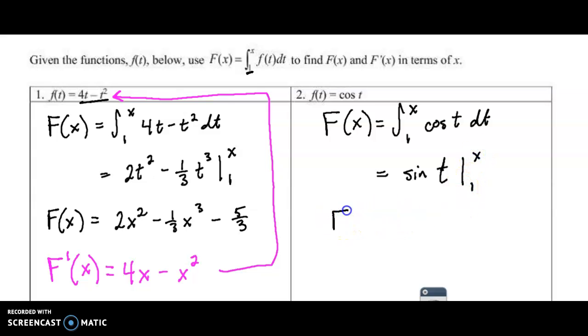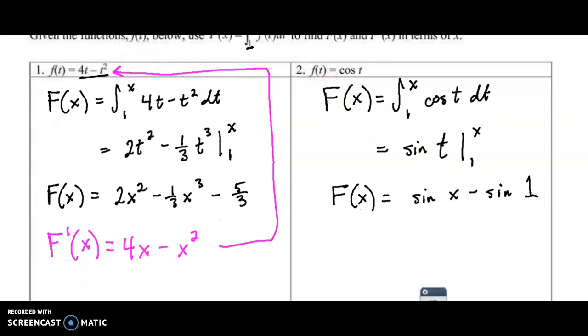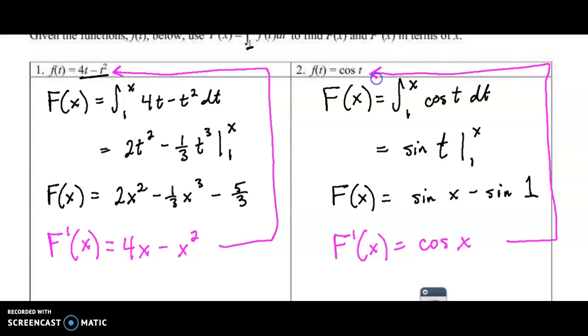So then, you know me, I'm going to rewrite F of x. We have sine of x minus sine of 1. Now, I don't know what sine of 1 is, but I know that this value is always a constant, which is important for when I go to the derivative of that. Well, the derivative of sine is cosine, and the derivative of a constant is 0. Well, there's no reason to write minus 0, and what do you notice? That's the same as this.